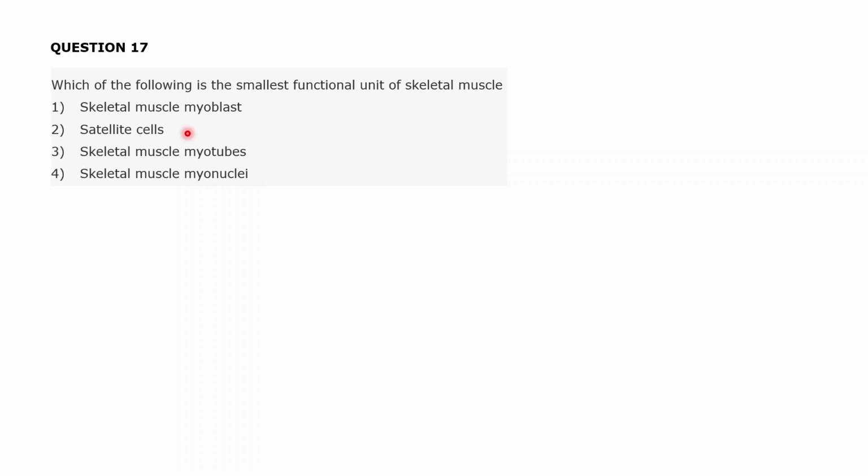You have to remember the question: smallest functional unit of skeletal muscle. Functional unit, smallest. That gives you a doubt, basically, about which might be the option. So the answer to this question is skeletal muscle myotube, that is option number 3.